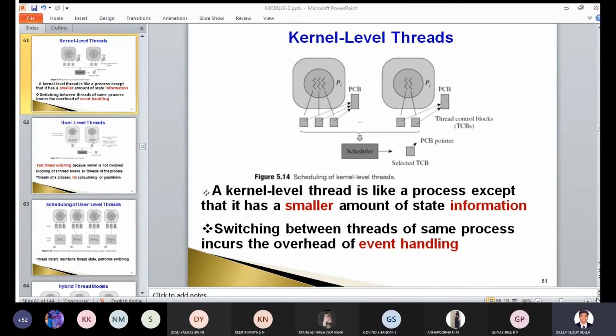If it came from the same process, it is going to save the context it received, and load the context of the process to which the selected thread belongs. It will load accordingly and report whether the corresponding process is completed or running. So based on the input from the TCBs, the PCB will act.